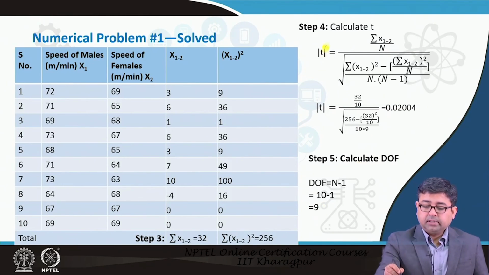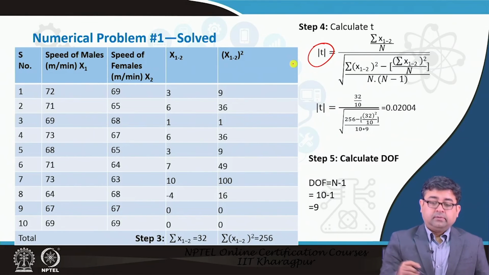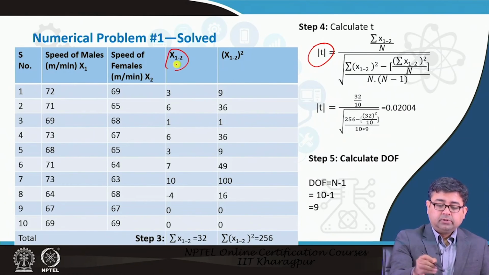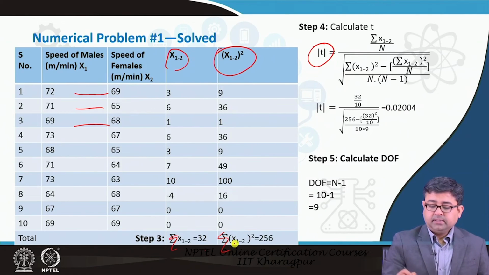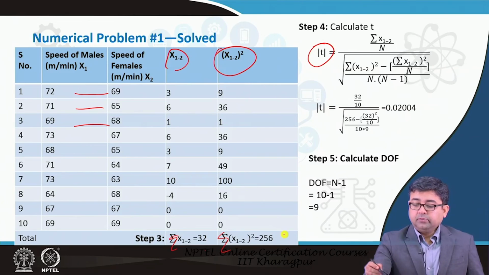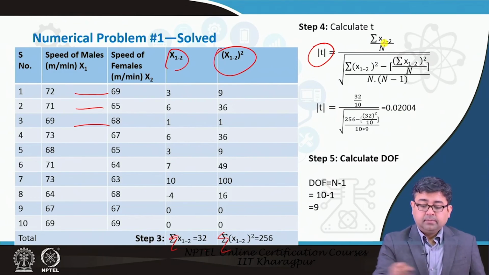Now, you have to calculate the t statistic. What you need to do first is find the differences between each pair, 72 minus 69 and so on, and then sum them up. Similarly, find the squares of the differences and sum them up. Then you can use these formulas and put in these values.